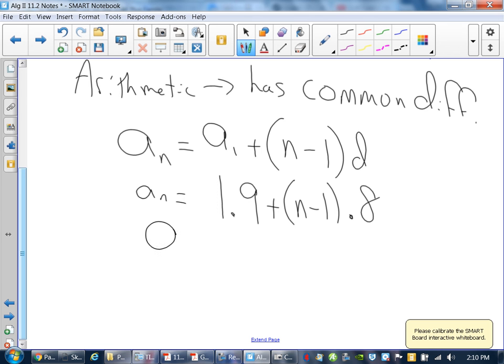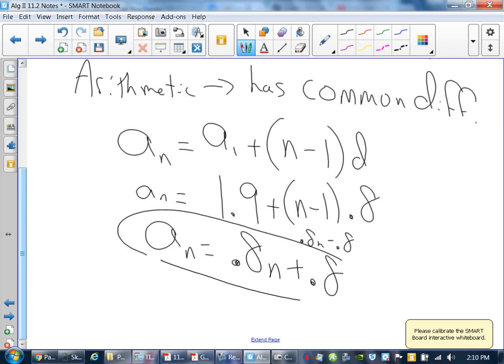So the rule for the nth term here, well, I would distribute this backwards, 0.8 and minus 0.8. The rule for the generic term would have been 0.8n plus 0.8. That would be my nth rule, just by combining like terms. 1.9 minus 0.8, that's 1.1, sorry.